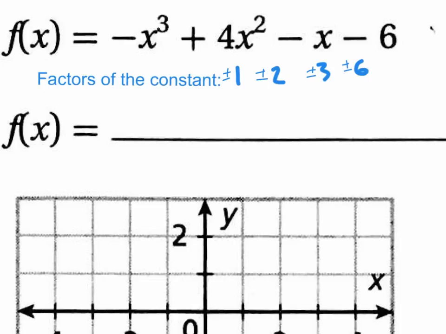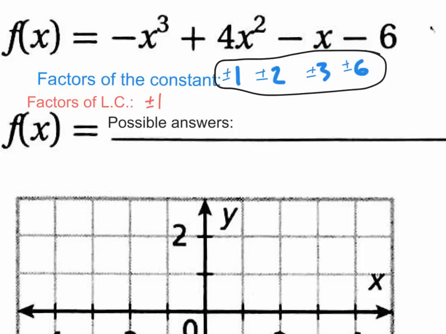We also need the factors of the leading coefficient, but the leading coefficient is negative 1, which means the factors are plus or minus 1, so it's not going to make a difference. That means the possible rational roots, the possible answers, are exactly this same list of numbers. Because if you take 1 and put it over 1, it's still 1.